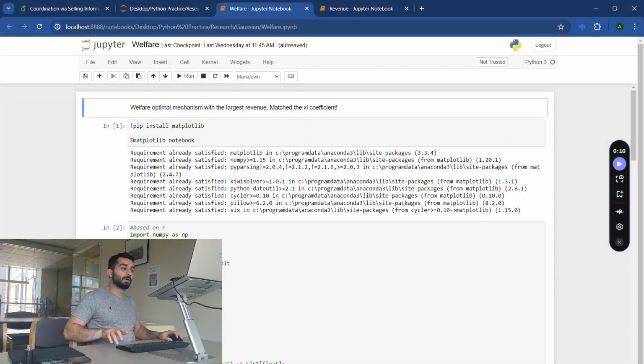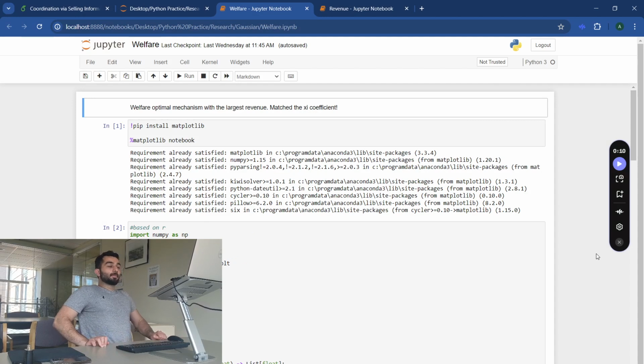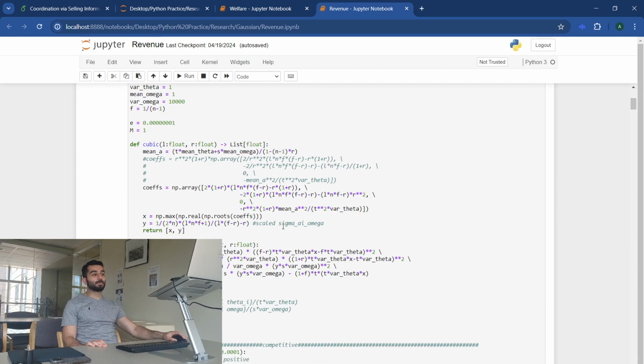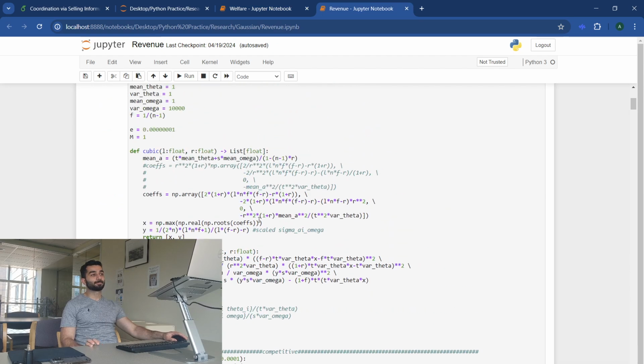So welfare is quite similar to revenue, if you remember. In revenue, we had this cubic equation, a cubic function that we cut with the ellipse, the sigma I theta I and sigma I omega, in this curve, an intersection of the ellipse and the cubic curve.